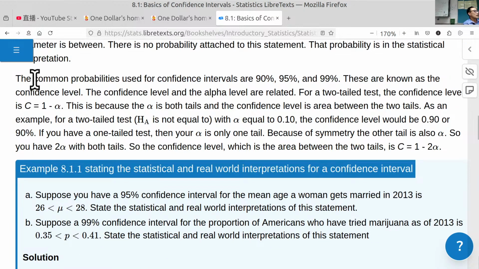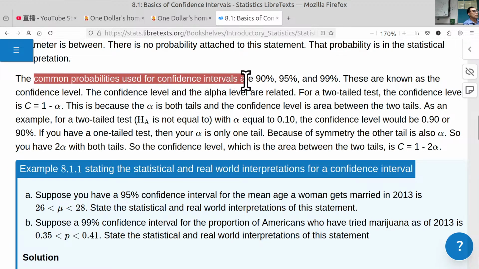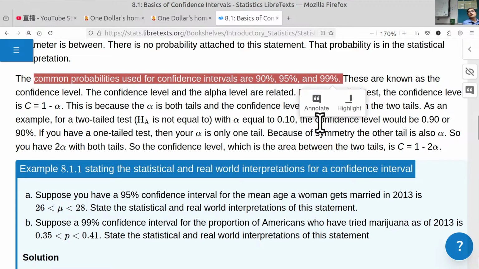Okay. The common probabilities used for confidence intervals are 90, 95, and 99.